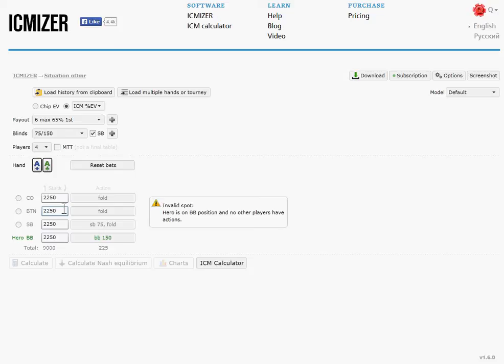ICM formula finds our chance to finish at each position, and it takes our stack and stacks of competitors into account to find those probabilities. Converting our stack value in chips to its expected value in dollars is pretty straightforward with ICM. The first step is that we find out our chance to finish at each possible finish position in the tournament, and this is done based solely on the stack sizes of hero and other players.